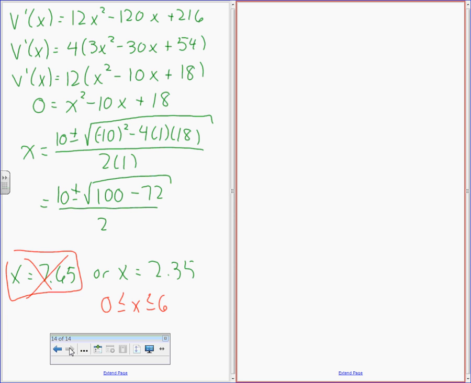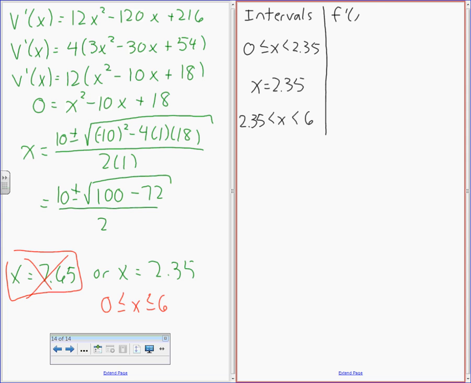All right, so let's do our interval chart here right now. We're going to say our intervals: 0 is less than or equal to x is less than 2.35, x equals 2.35, and 2.35 is less than x is less than 6, and that's it. We're going to say f prime of x, and then the f of x shape, and then the test point.